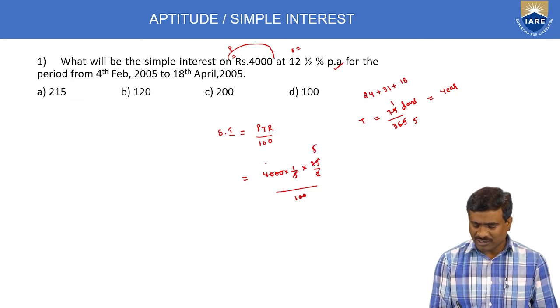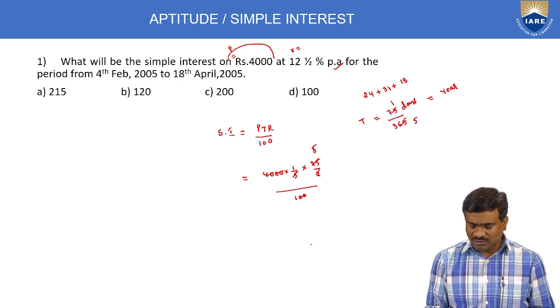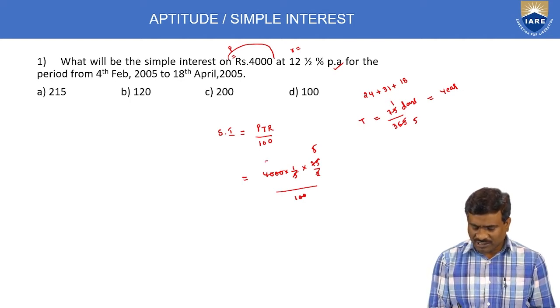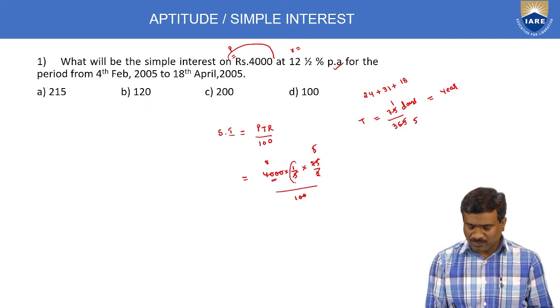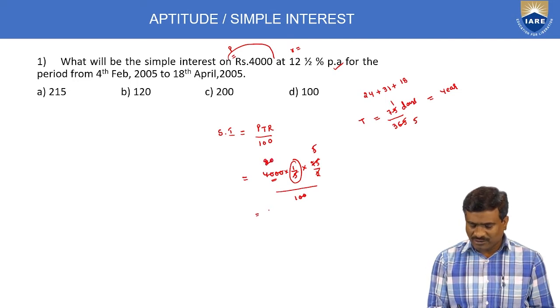Here 2 into 8, so 2 into 8, 40. Then 4,000 into 25/2 into 1/5, divided by 100, is equal to 20 into 500. Option D only correct.